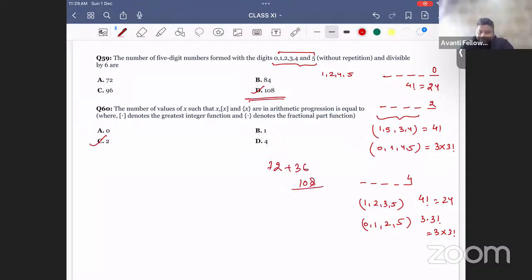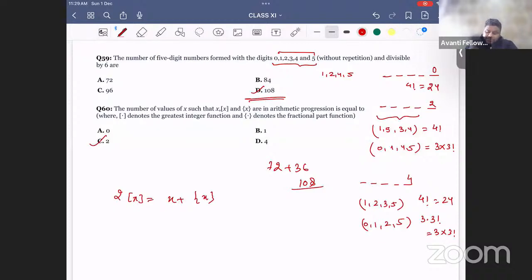Got it? Now, the number of values of x such that [x], x and {x}, the greatest integer, x and the fraction part of x, are in arithmetic progression. That means 2 times [x] is x plus {x}. Am I correct?